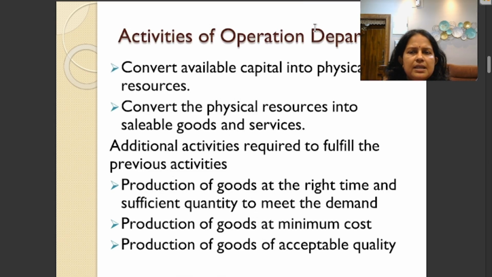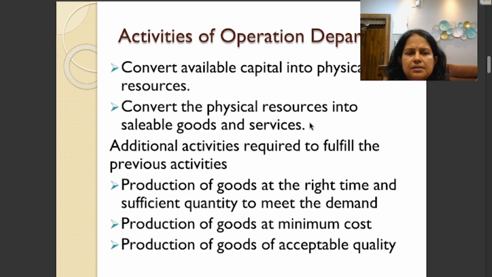Then what is the activity of the operations department? What is the main role and what are the activities done by the operations department? We'll discuss this in this slide. The main role is that we have to convert inputs into physical resources. Inputs like man, machine, material, capital, we are trying to convert into sellable goods and services.